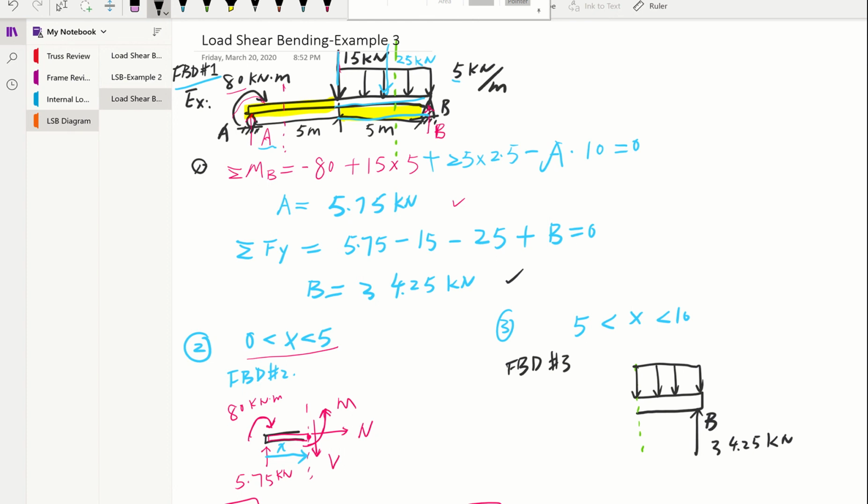We have a distributed load. You might wonder, why don't we use this 25 kilonewton? This is a concentrated load. That's true. This concentrated load helps us to solve the support reactions in the first step. But in reality, this part of the beam has a distributed load, right? And for the distributed load, how long is this?